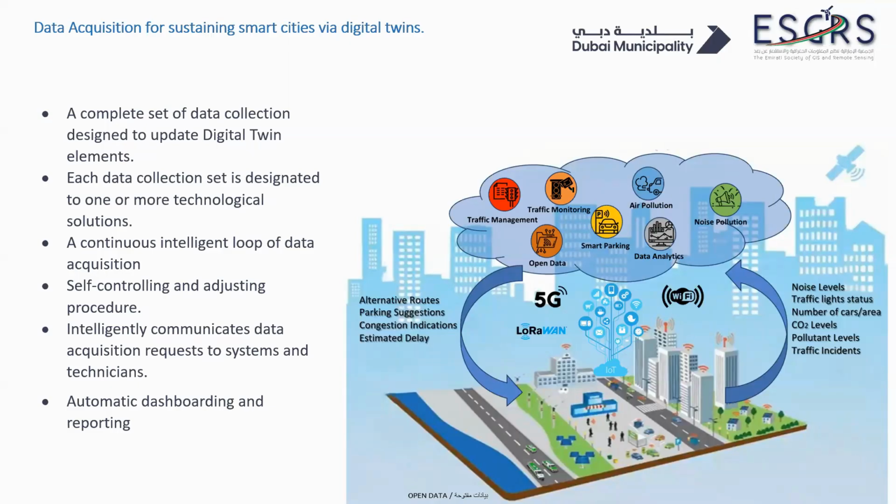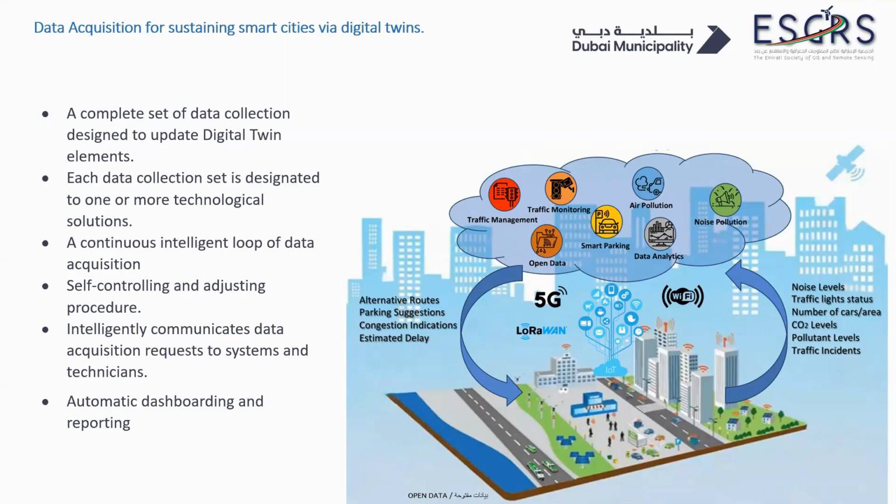It can increase the data collection in certain timings, etc. Intelligently communicate data acquisition requests to system. There are data acquisition requests which are coming maybe automatically, and then intelligently it can send to the systems. And automatic dashboarding. So all this information and results can be dashboarded, can be sent to decision makers, alerts to city planners and city managers, etc.